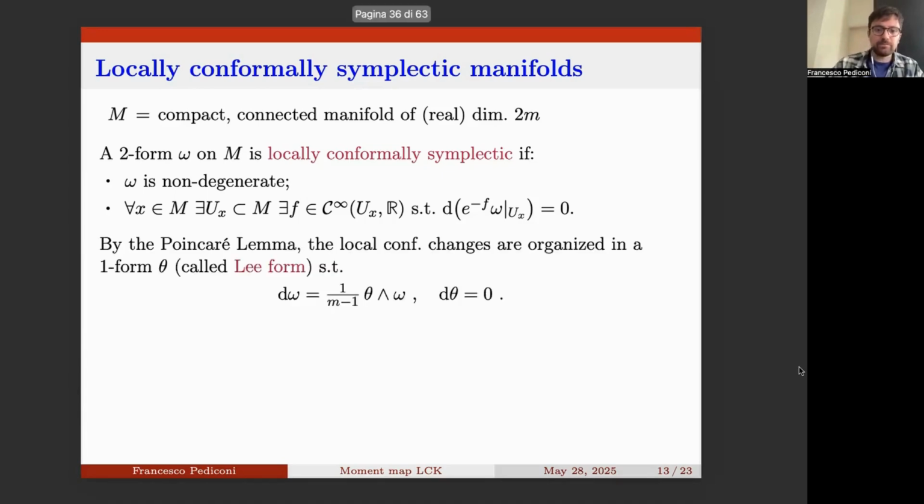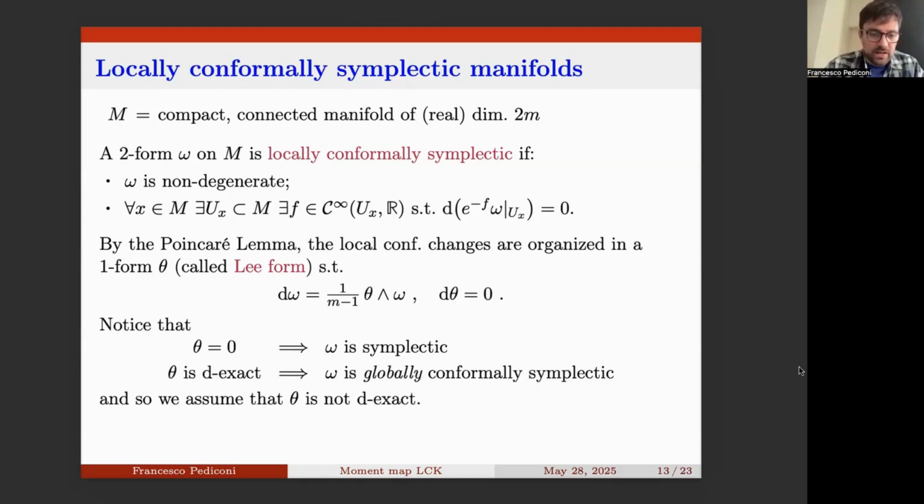By the Poincaré lemma, these local conformal changes can be organized in a globally defined one-form θ, called the Lee form, that verifies this equation: dω is not zero, but equal to θ wedge ω, up to a certain constant which depends on the normalization you choose. And this θ, the Lee form, has to be closed.